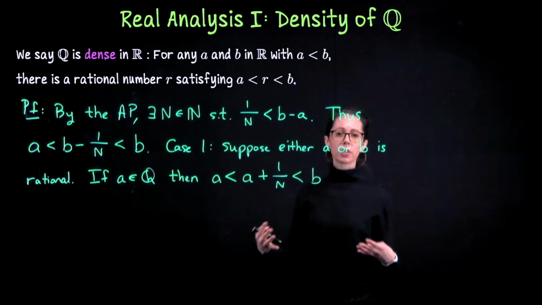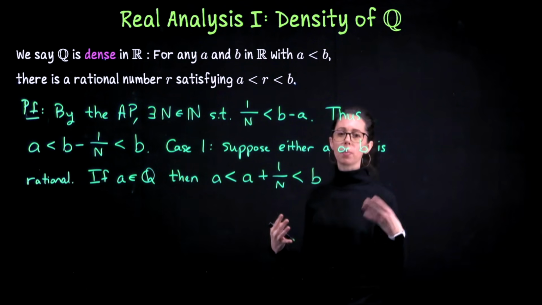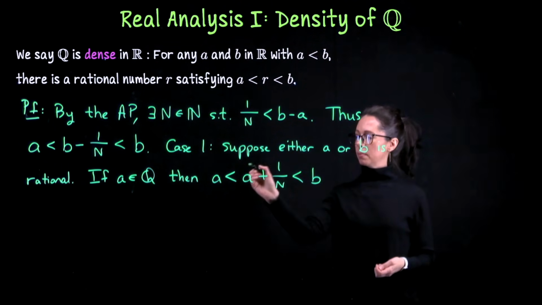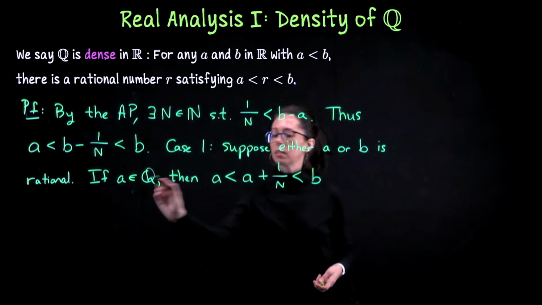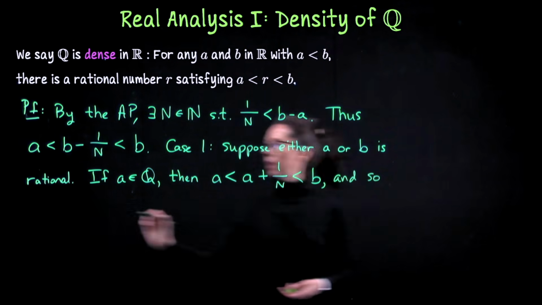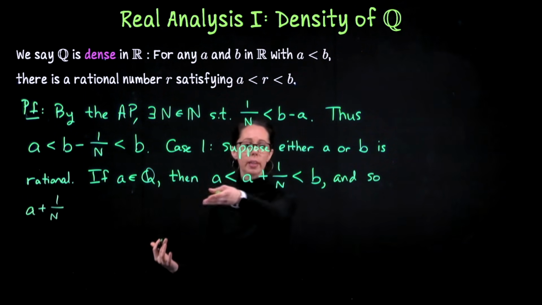And then rational numbers are closed under addition. That's a direct proof to show. I didn't do it in the video because it's often a homework problem. So this would be rational. And so a plus 1 over n is a rational number between a and b.